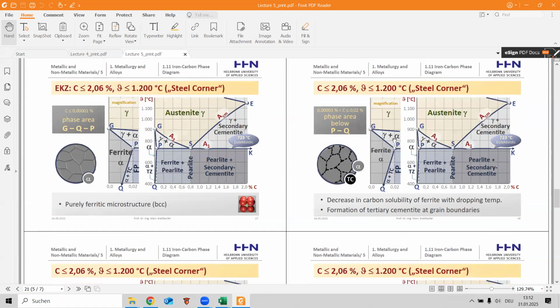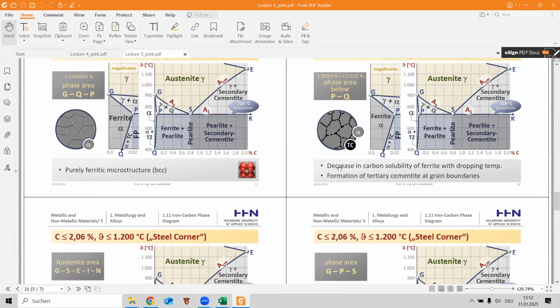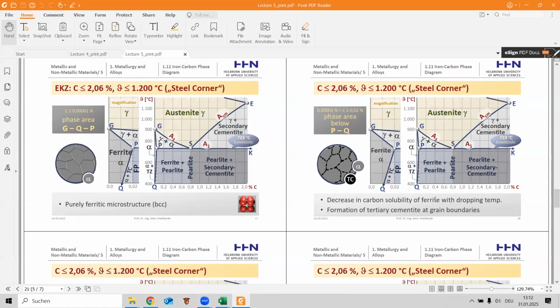And the phase area below it: decrease in carbon solubility of the ferrite with dropping temperature. There is tertiary cementite at grain boundaries.